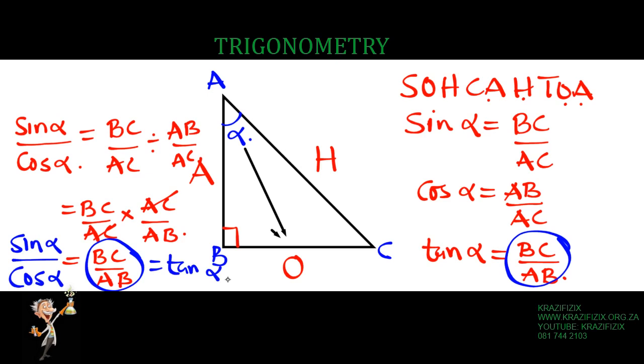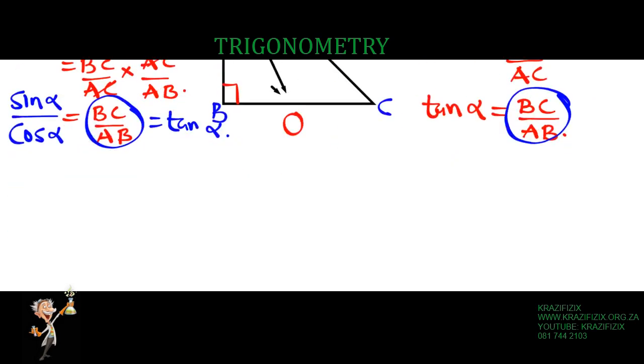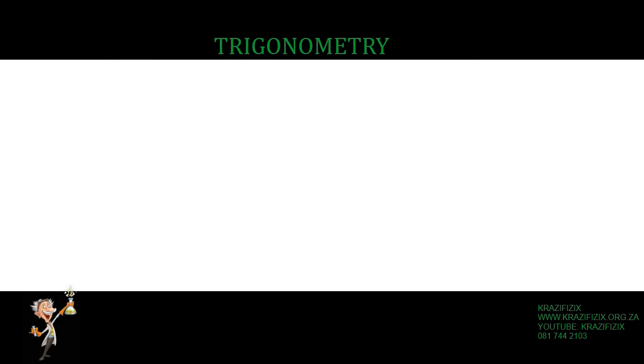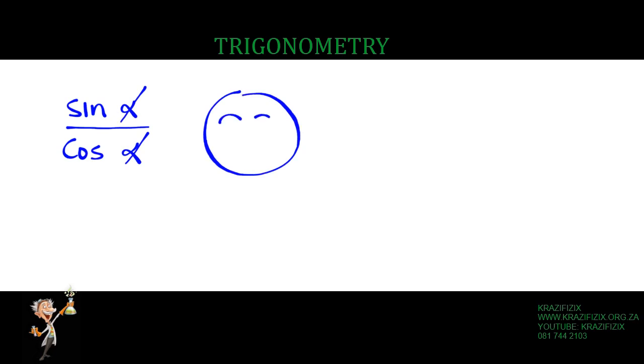As I run this video over the next few seconds, please note, never ever do this. That is very wrong. That is completely wrong. Do not divide this. These are angles. We don't divide.